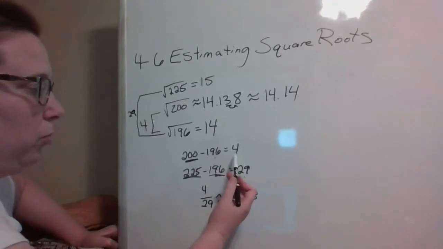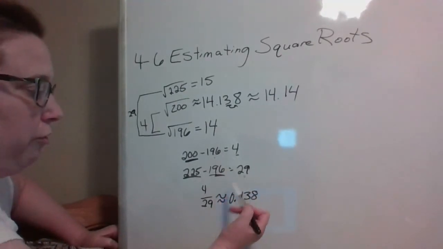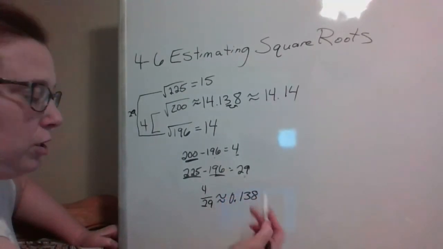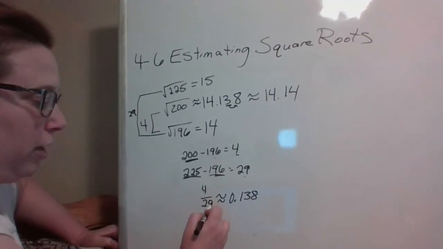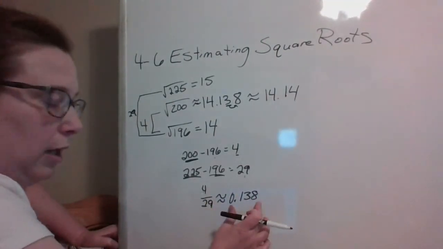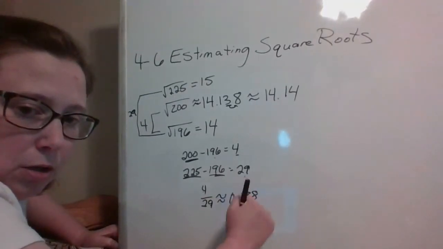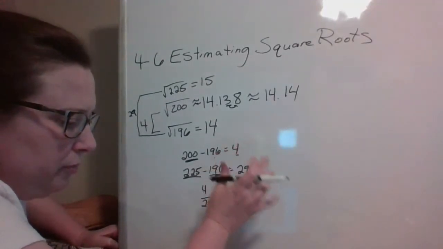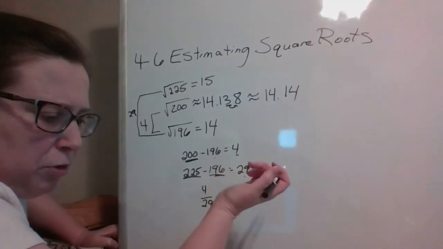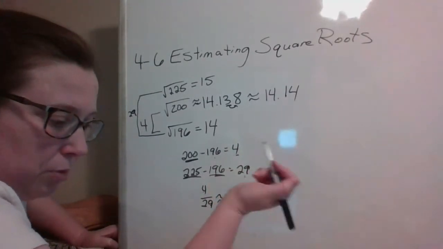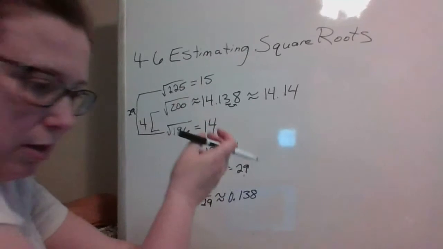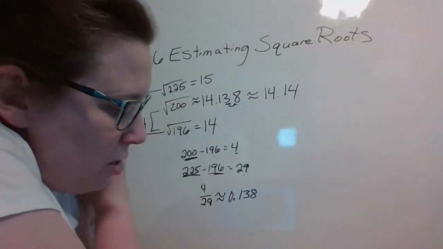And then we take this over this, so you turn that into a fraction, and then divide 4 divided by 29. Take it out to the thousandths place so that you can round back to the hundredth place. That is that. The last example is about using a calculator, which we're not doing because I don't know if you have a calculator at home.